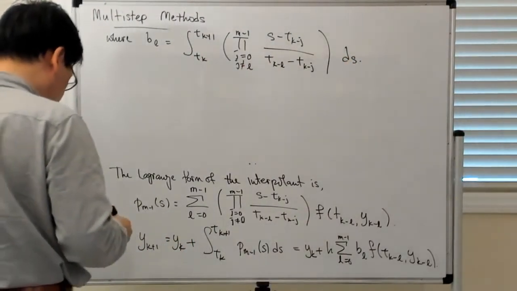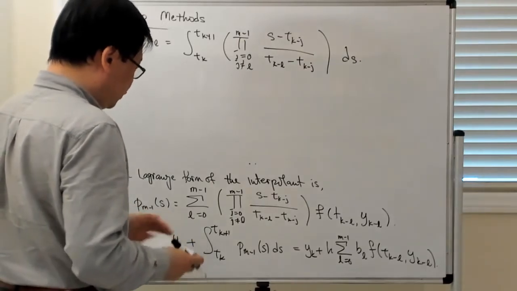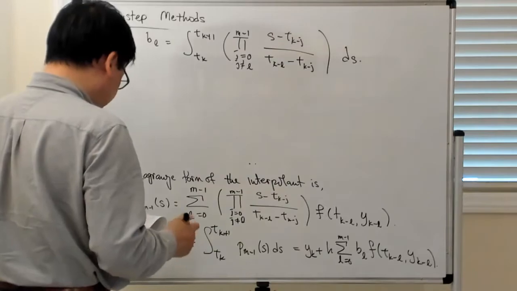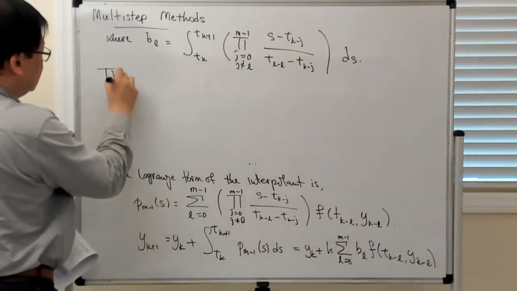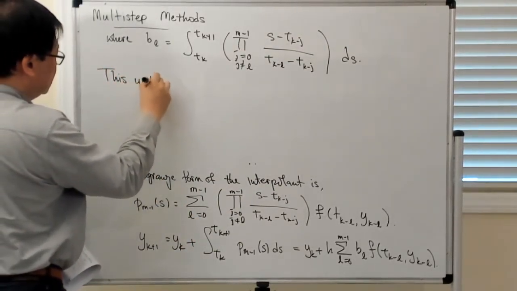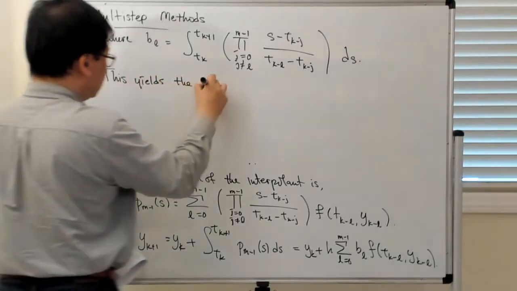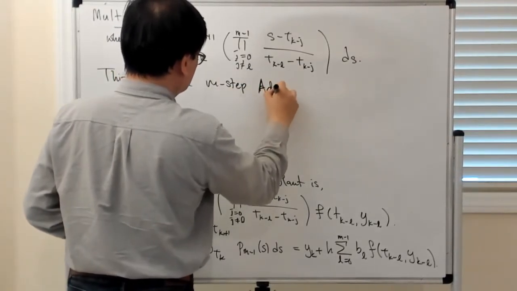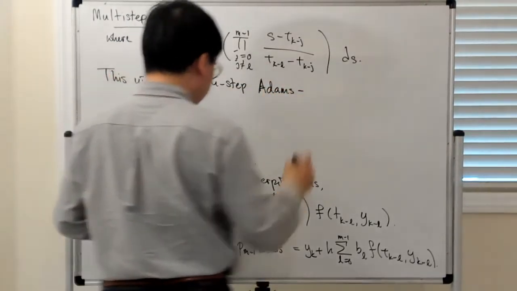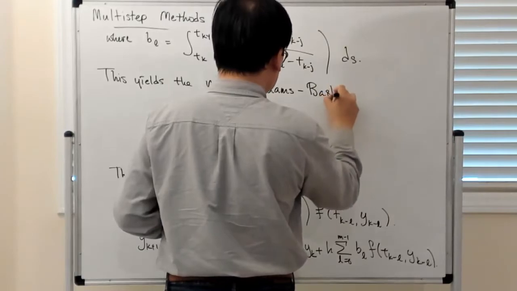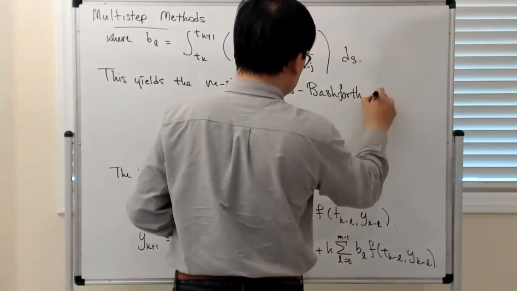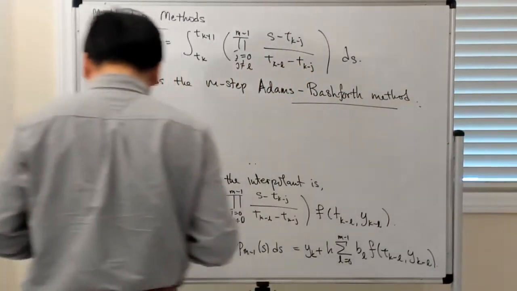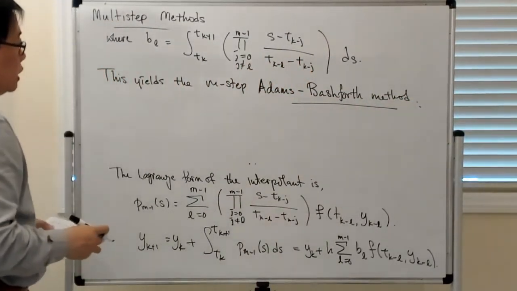Okay. All right, so if you do this, this leads to what are called the m-step Adams-Bashforth methods.